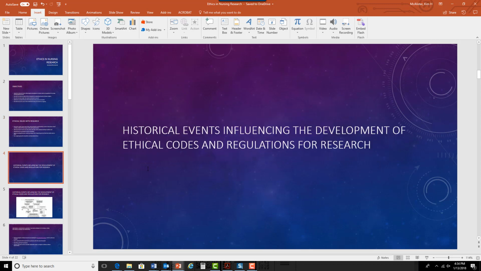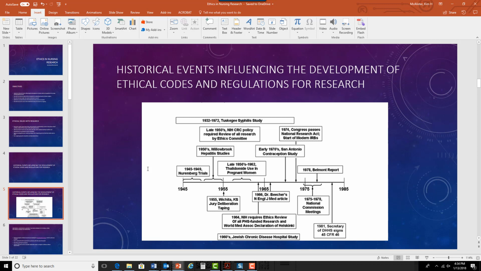So some of the historical events that have influenced the development of ethical codes and regulations for research are things we're going to look at. If you look at this slide, you'll see a number of events that had a profound impact on research.